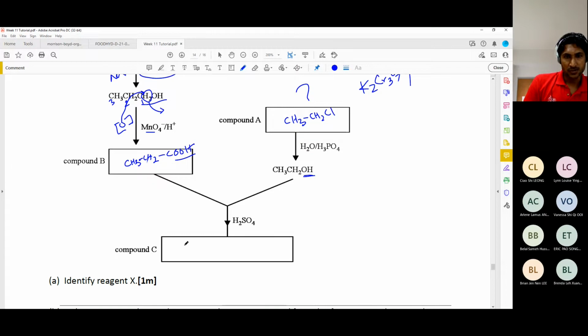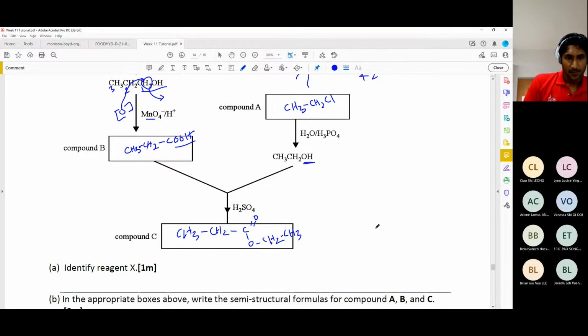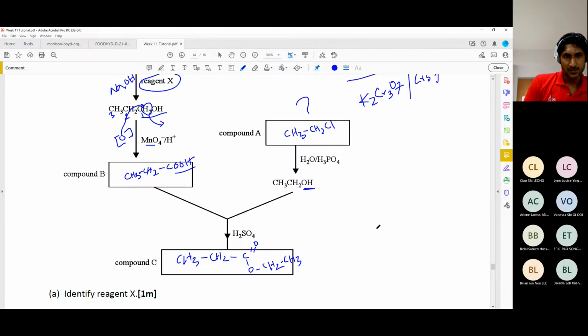And you know how to produce the ester: CH3, CH2, CO. So this part is coming from the carboxylic group, and this part is coming from the alcohol group, CH2 and CH3. So this is the compound X produced.